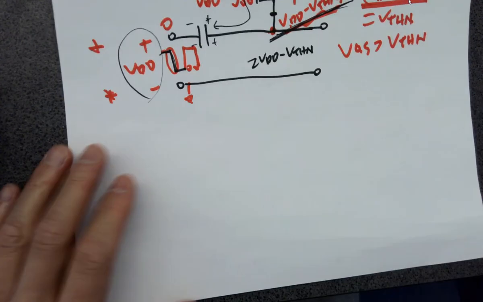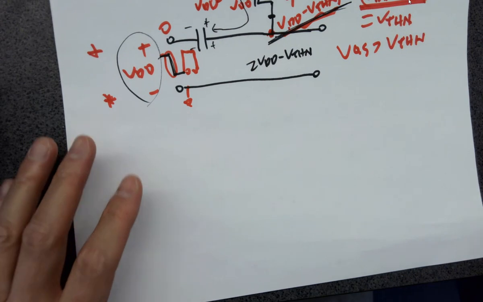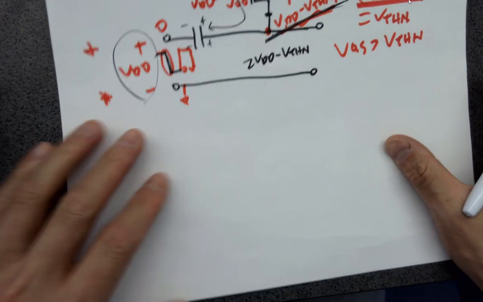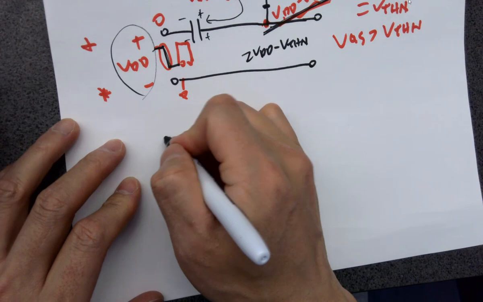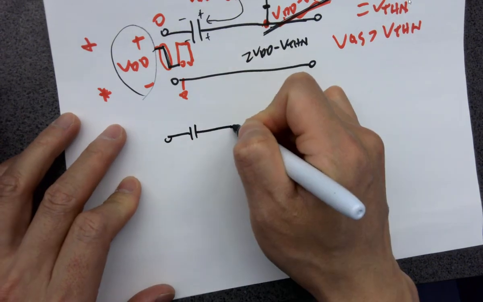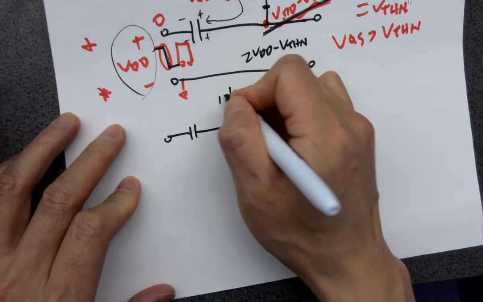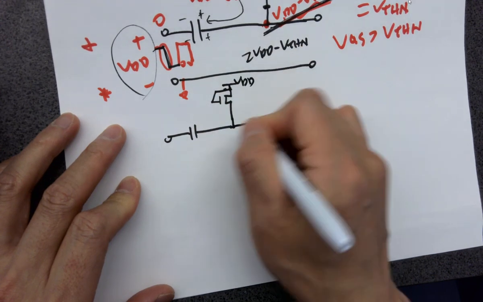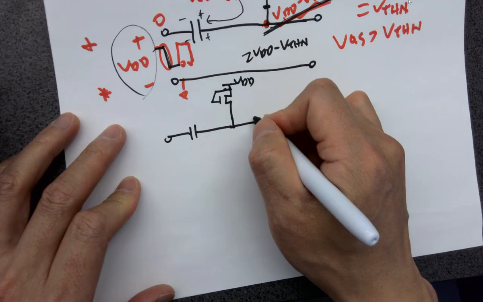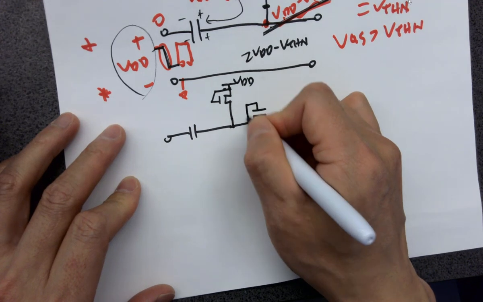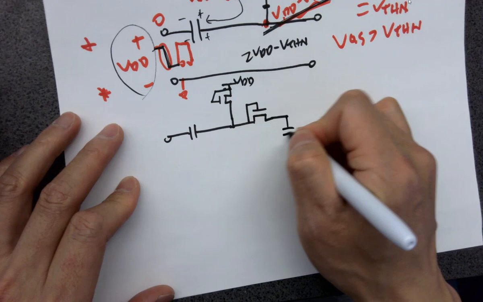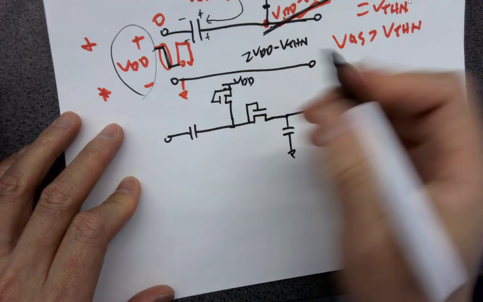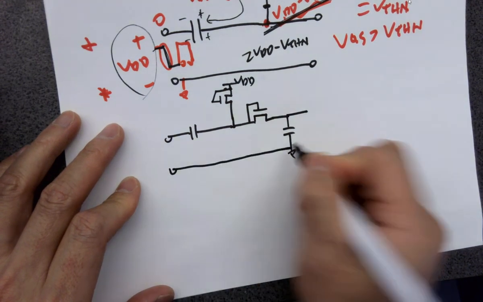From this circuit, we can build a bigger charge pump. Let's draw this circuit first, VDD. Let's look at this one first.